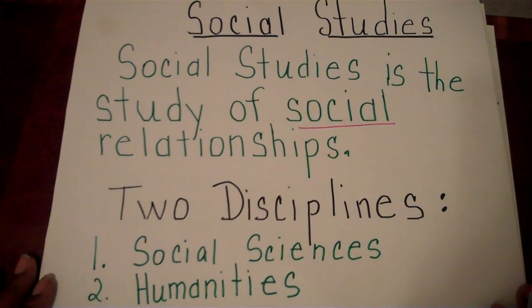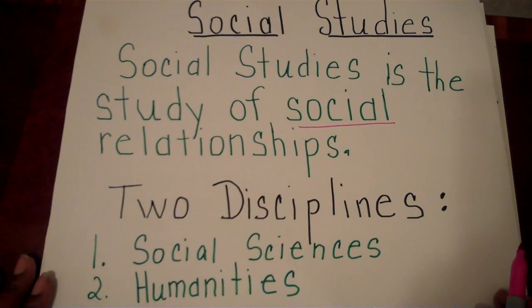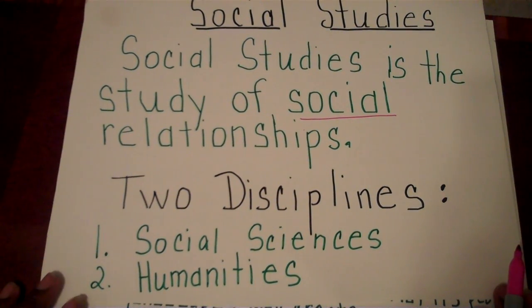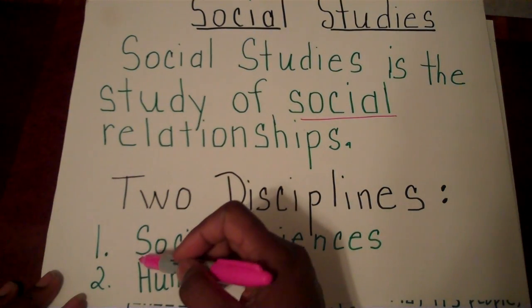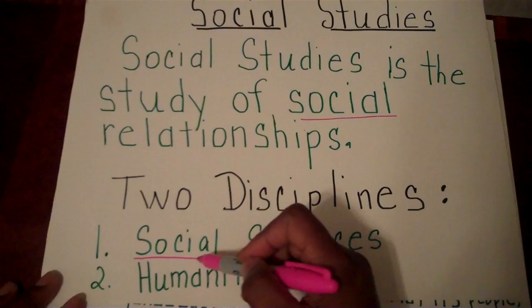Social studies integrates, or combines, two disciplines. The first is social sciences. The second is humanities. Social sciences means that we're talking about the interactions with other groups. Note the word social in social sciences.